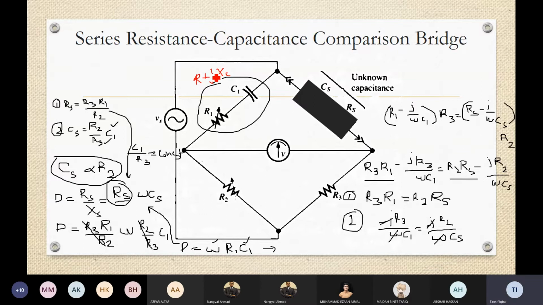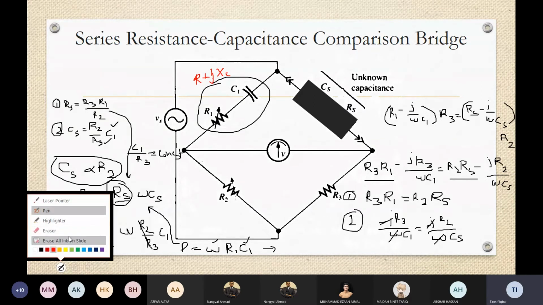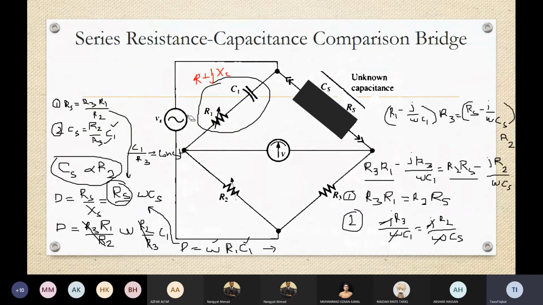And sorry, J is not here. So resistance and reactance together, and therefore the reactance of the capacitance is minus j divided by omega C1, and it is going to multiply by the other side of the bridge, R3.